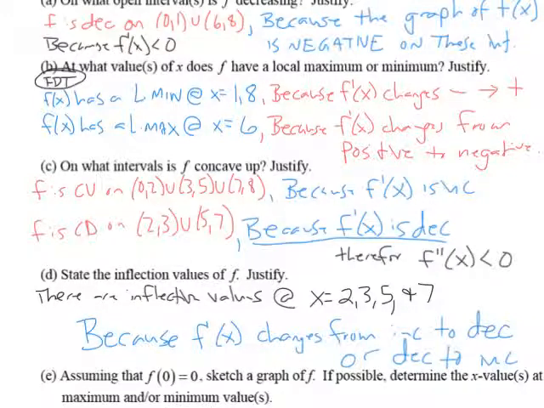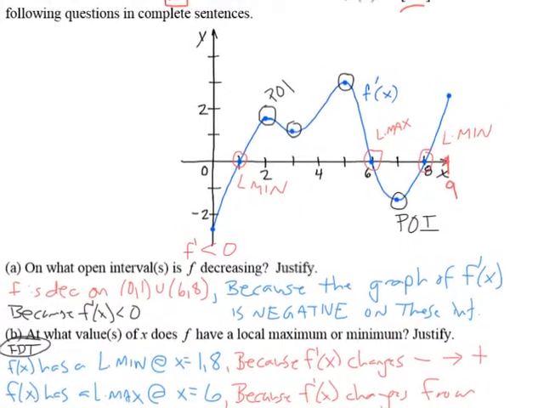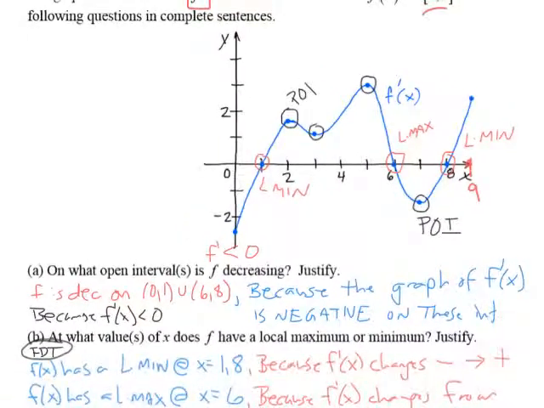Okay, finally part E is what we're going to do is we're going to try to sketch a graph of what f may look like based off of the graph of our derivative. And I'm going to go ahead and do that on the graph here. And we've found all the information that we need. We know that our function is going to be concave up from 0 to 2, and it has a minimum at 1.